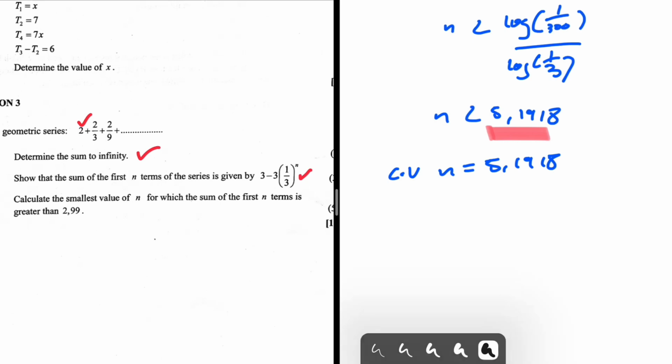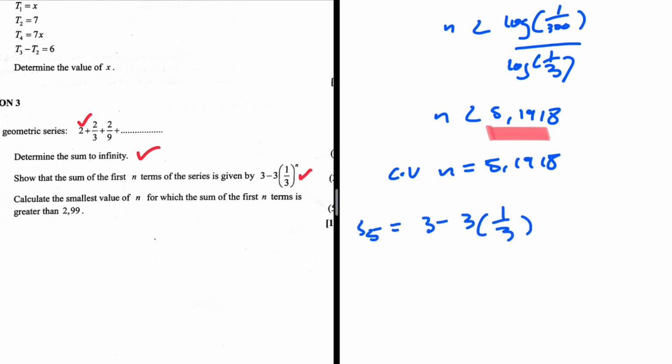Let's see about that. So when n is equal to 5, so let's say S5, what do we end up with? 3 minus 3 multiplied by (1 over 3) to the power 5.